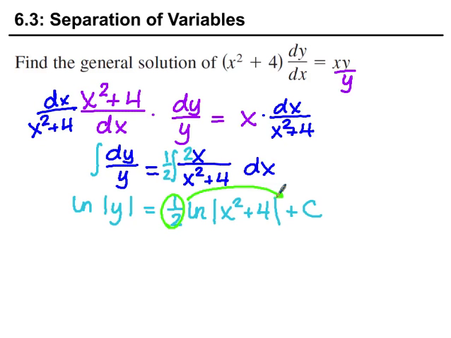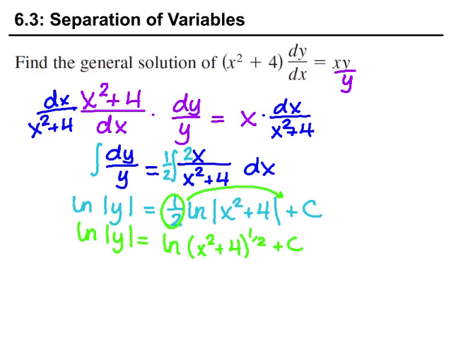So really what ends up happening is you end up having a square root. So I have the natural log of y equals natural log of x squared plus 4 to the 1/2 power, and then plus c.